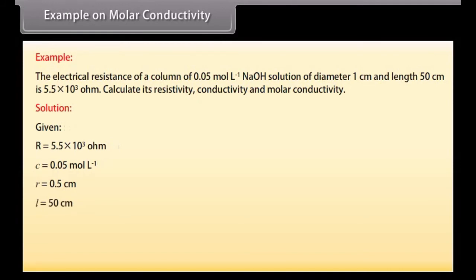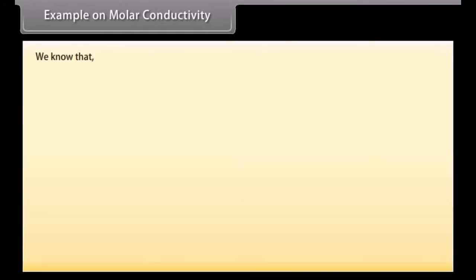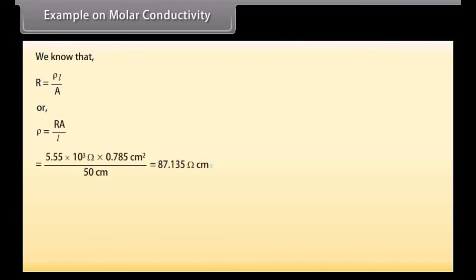We know that area is equal to pi r square. By putting the values, we get area is equal to 0.785 centimeter square. We know that R is equal to rho L upon A. By putting the values, we get resistivity is equal to 87.135 ohm centimeter. We know that conductivity is the reciprocal of resistivity.